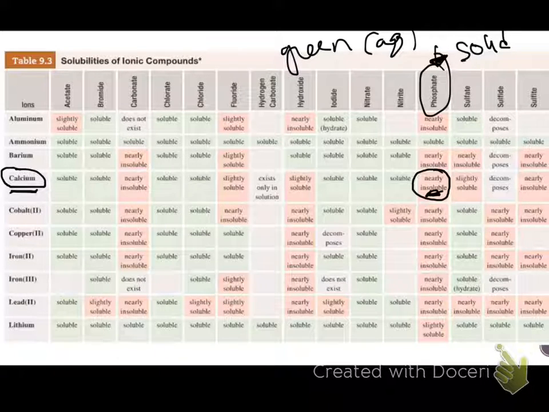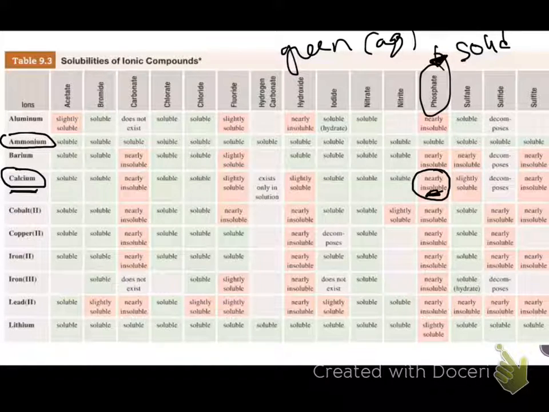Now, you're not going to have this chart on the final exam, so we need to start to find patterns. For example, that phosphates are almost always solids in water. The only exception to that is ammonium. And if you look at ammonium all the way across the table, it's green.